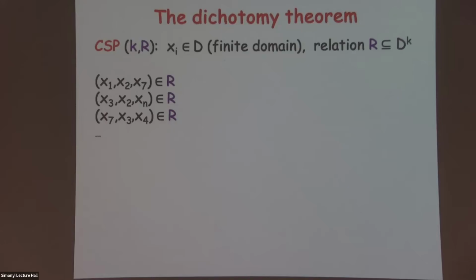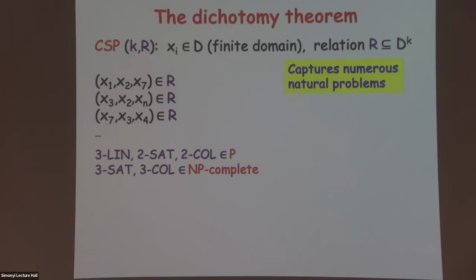And we are getting a bunch of constraints on these variables. And the question is whether they are satisfiable or not. This captures almost all problems we know. Most natural problems come in this form. And some of them are easy, like linear equations, of course, but also two coloring or two satisfiability. And some of them are NP-complete.